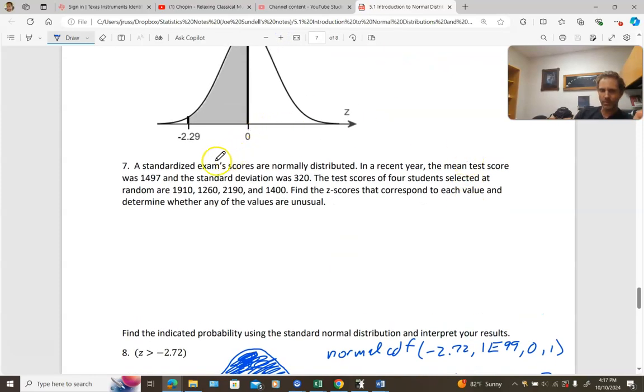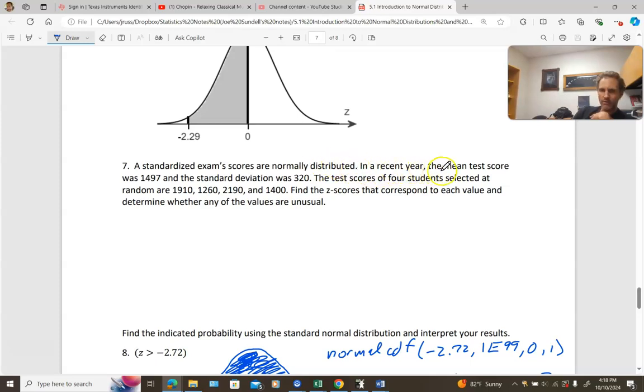All right, so it says standardized exam scores are normally distributed, and this is very common. Okay, in a recent year, the mean test score was 1497, and the standard deviation was 320.